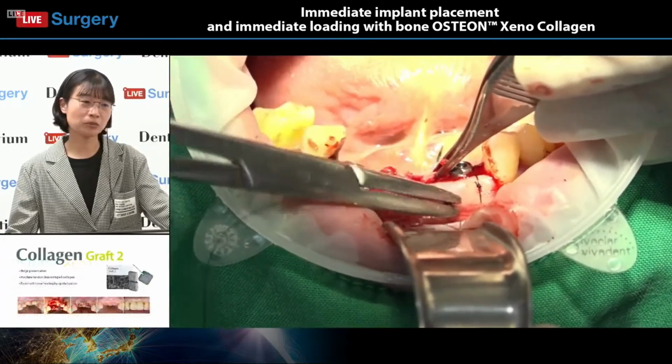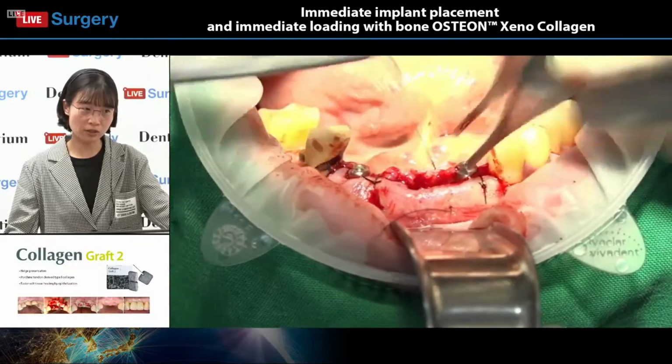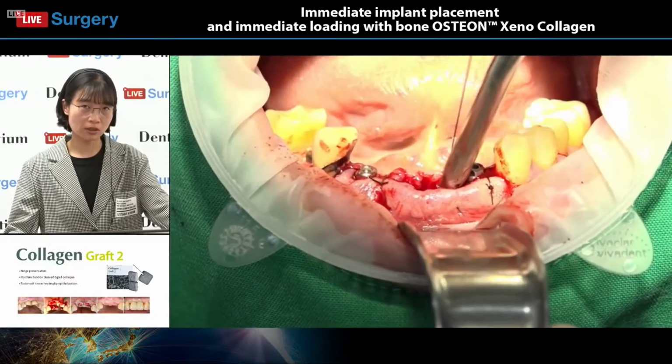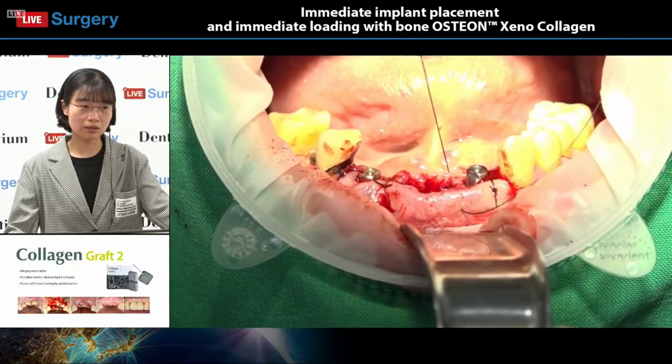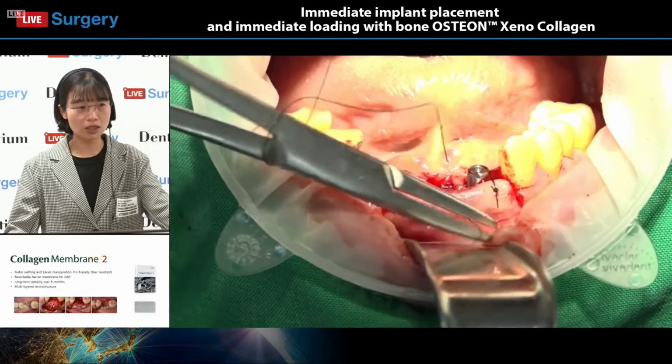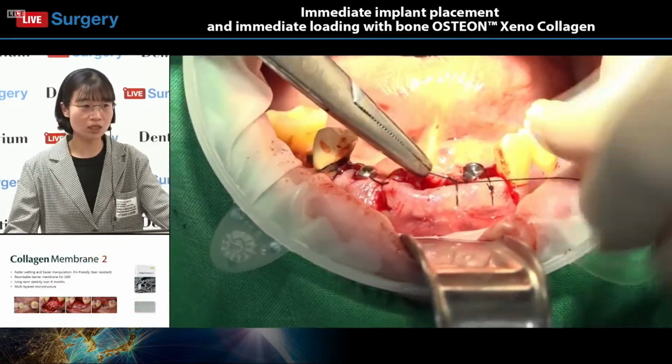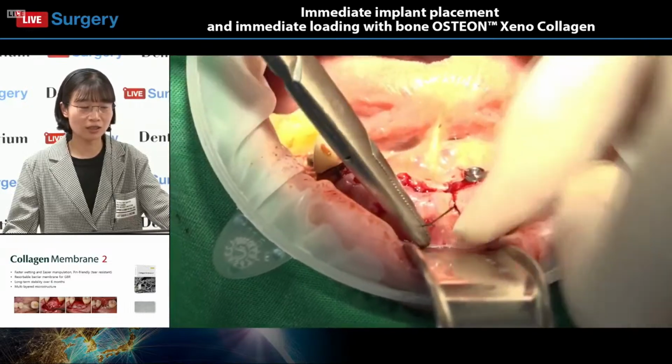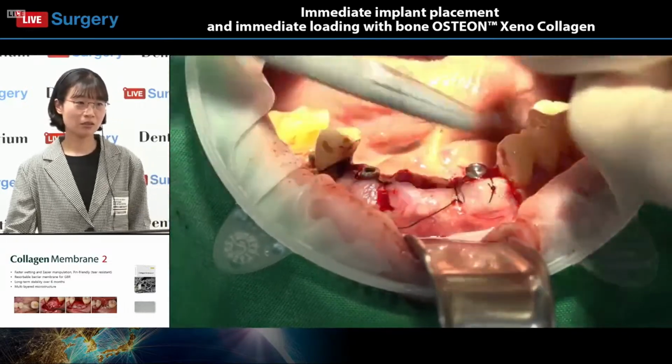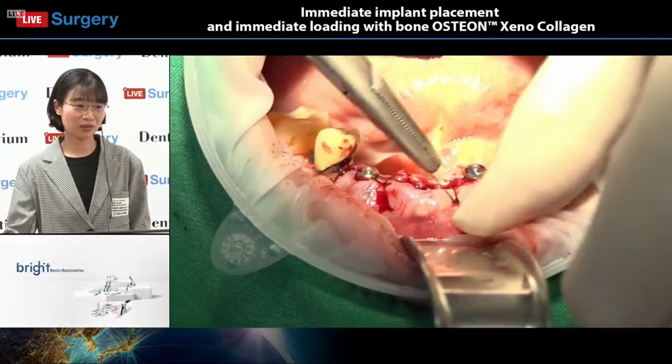And also from the tooth extractions, it just takes 10 or 15 minutes. It's very quick, right? So he is very professional.